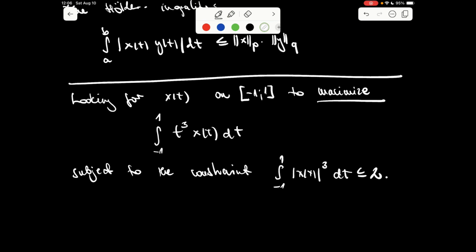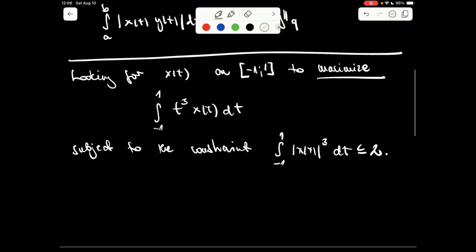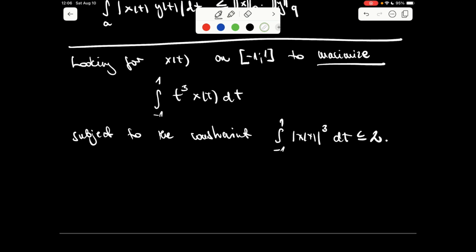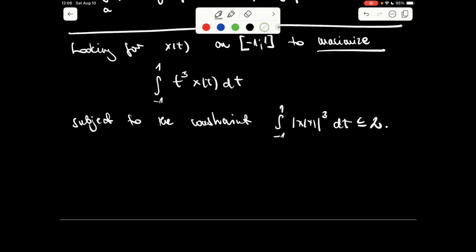Okay, so this is an optimization problem. So to solve this problem, let's use the Hölder inequality.